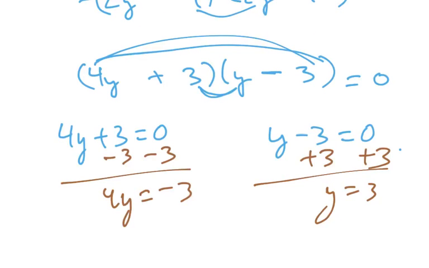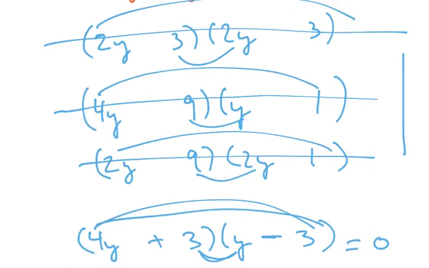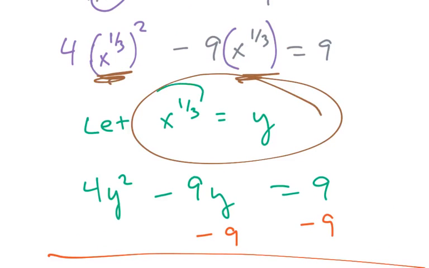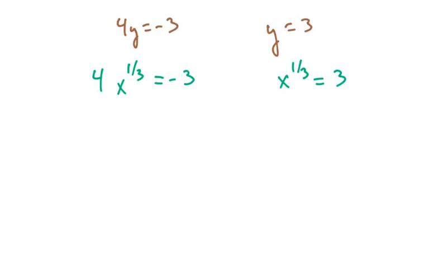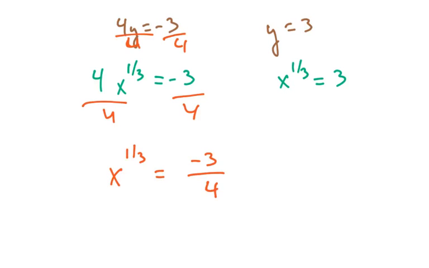They're giving us y, and y is x to the 1/3. So I replace it as such, and I'm just going to divide by 4. And you could have divided by 4 here too. I don't know why I didn't do that. So we get x to the 1/3 equals negative 3 over 4.